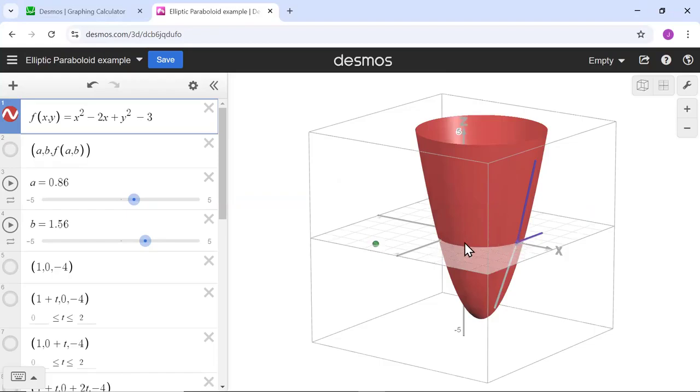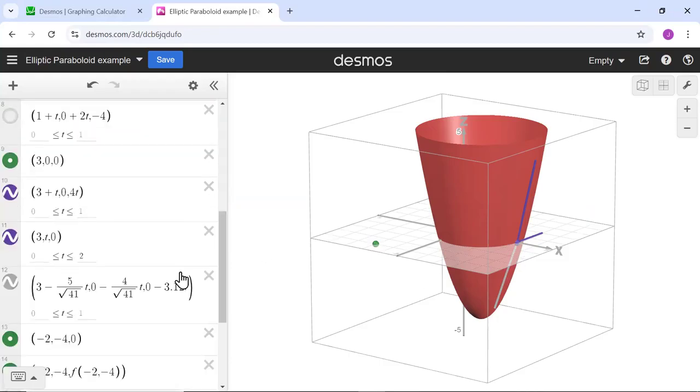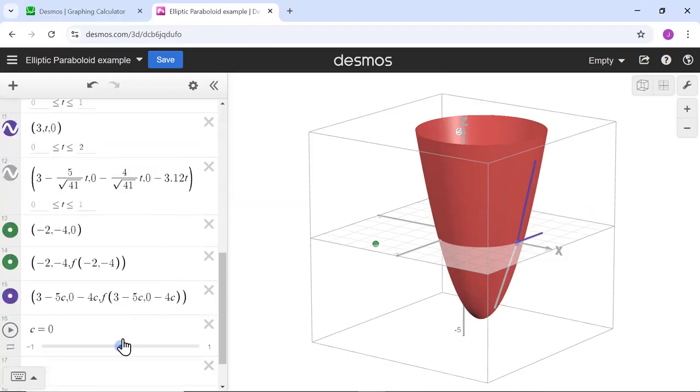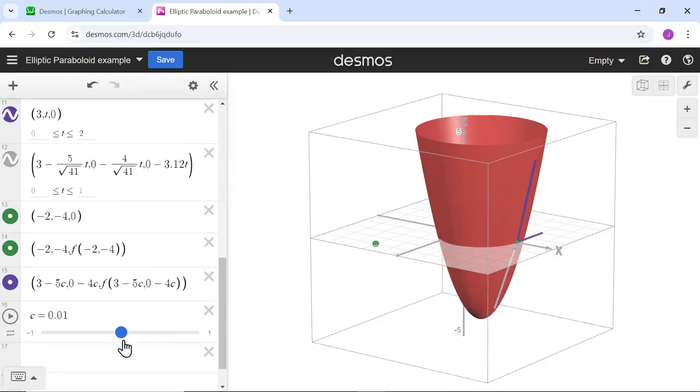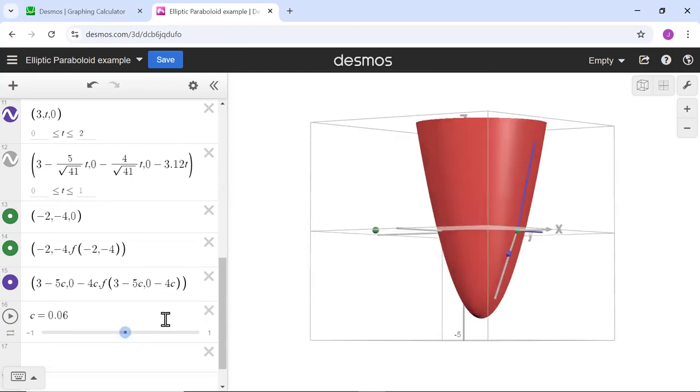If I'm going from here towards there, how do we go through the surface? Well, the surface, we're going to start moving down. So as I move in that direction, the point moves down, and then eventually it'll move back up.